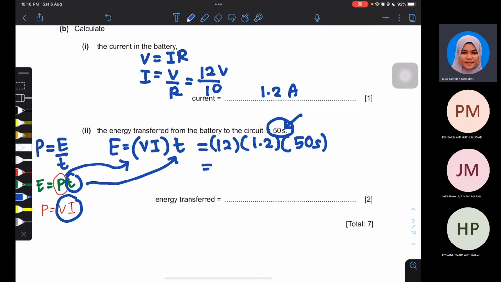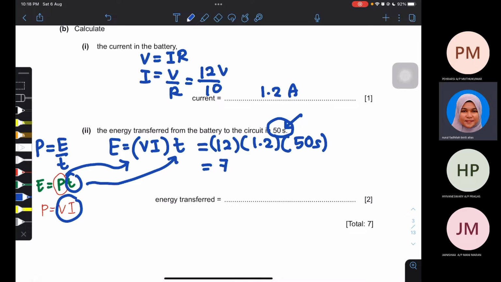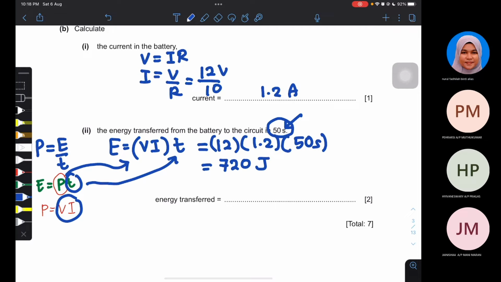Okay, tekan calculator. What's the answer? Dapatlah jawapan dia. Tekankan calculator berapa? 720. 720 Joule. What's the unit? Joule. Energy mesti in joule. Alright? So, this is the answer.